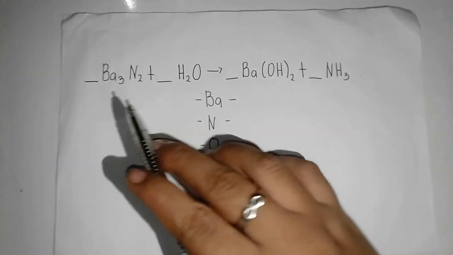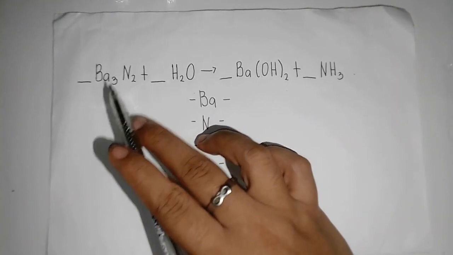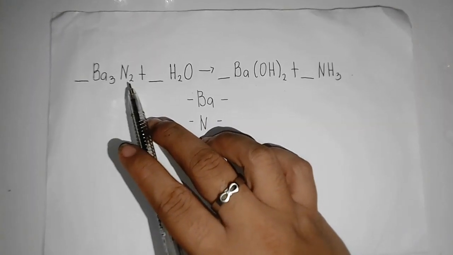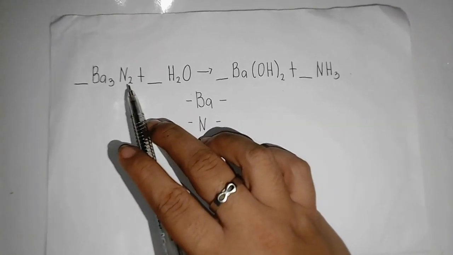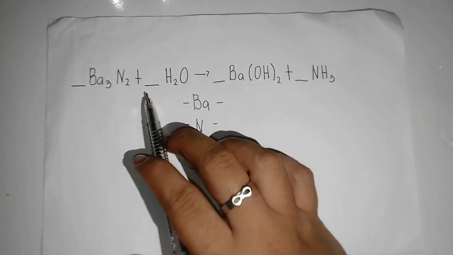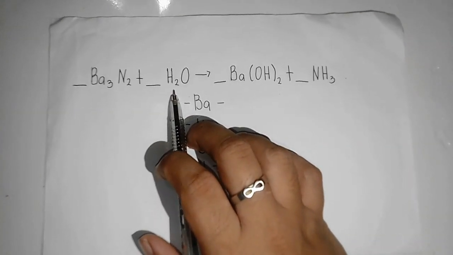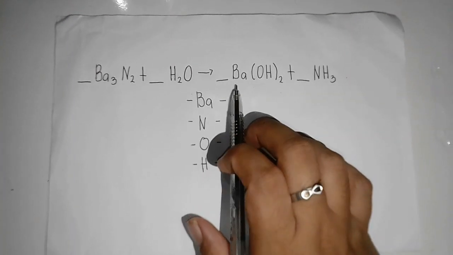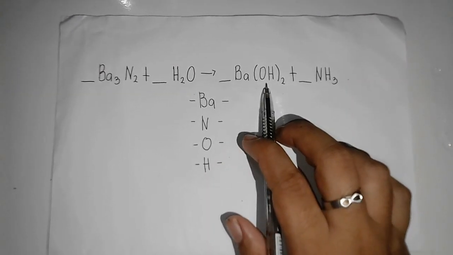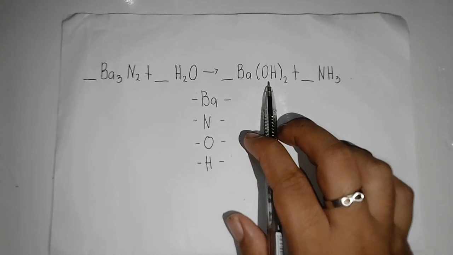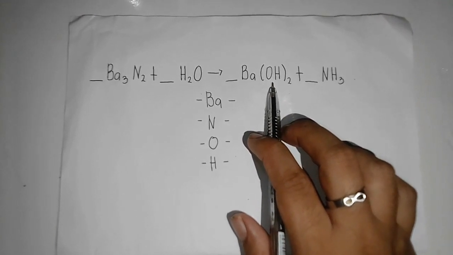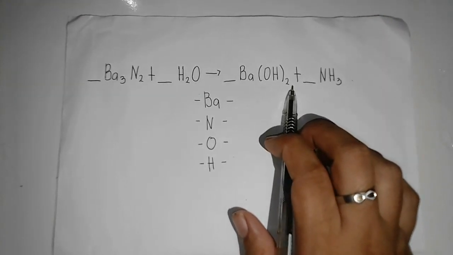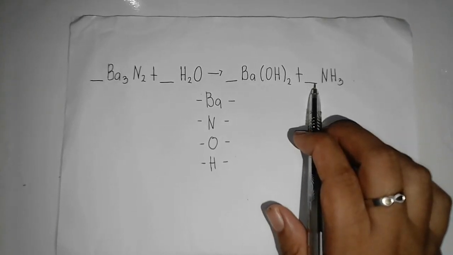So we have Ba, which stands for barium, N2, which is a polyatomic ion that stands for nitride, combined with water or H2O, it will yield barium hydroxide. OH is also a polyatomic ion which stands for hydroxide, combined with NH3 or ammonia.